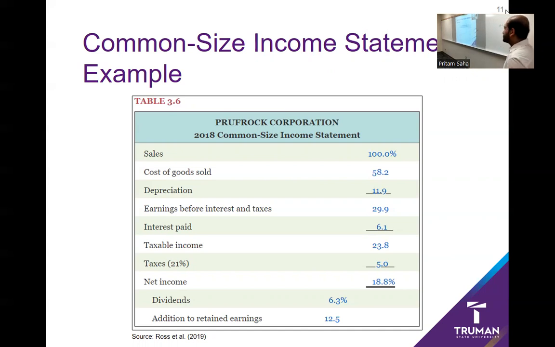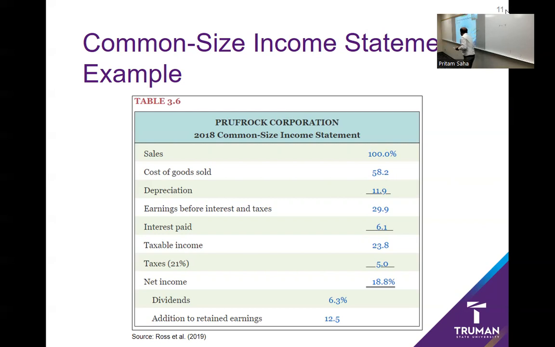What is the benefit of common sizing? If we have multiple years, we can compare whether the firm is able to generate more profit margin or not. Or we can compare two different firms, who is better in terms of profit margin, right? So common size gives us that strength to compare over time or with other corporations.